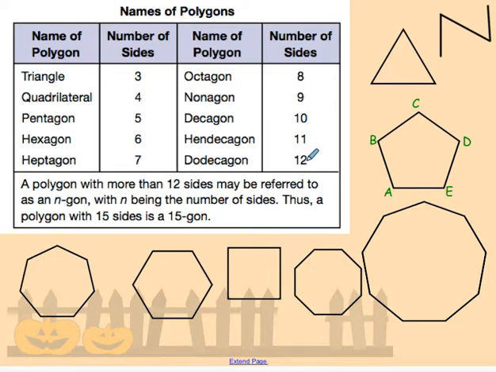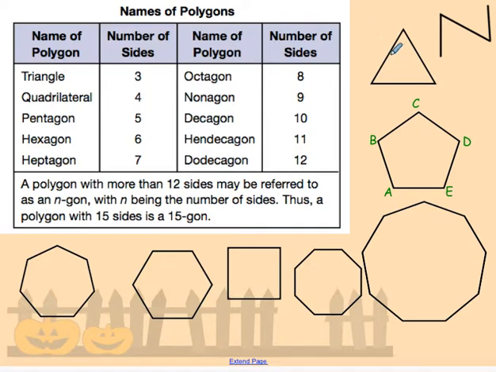You might be thinking, what is 13 called? For 13, we would just call it a 13-gon, because for anything above 12 sides, we just use the number and then add -gon at the end. So 15-gon, 25-gon, 32-gon, 127-gon. We just use the number and add -gon at the end.